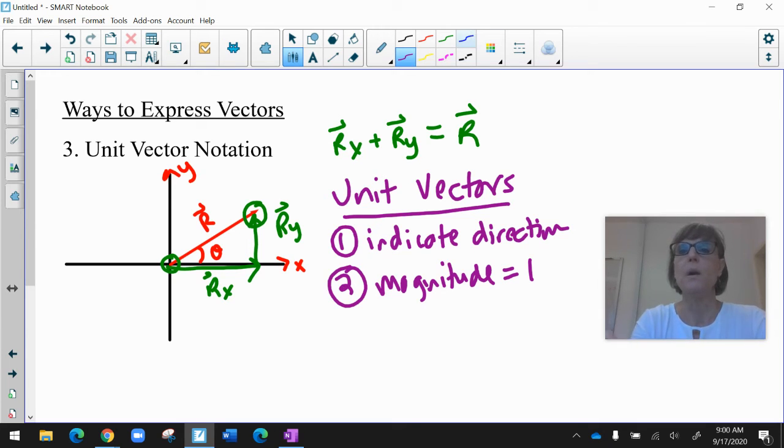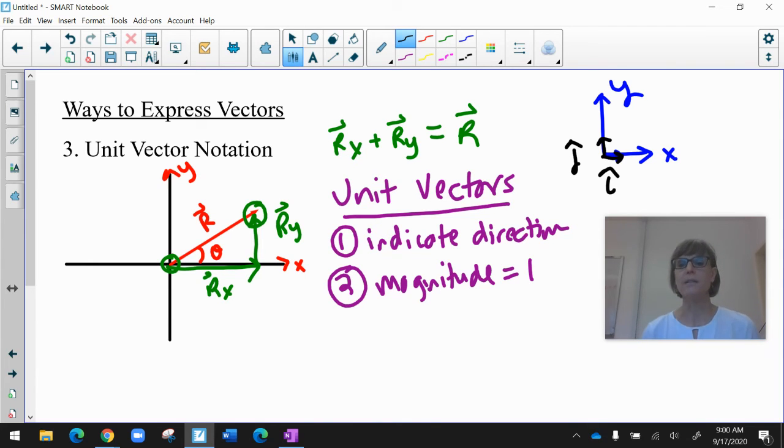So for the moment, we're only going to worry about what happens in the x and the y directions. We also have a unit vector for z, but we'll come back and talk about that later. So my unit vector is this tiny little vector here in each direction, and they have special symbols because we use them all the time. The unit vector in the x direction is a i, and the unit vector in the y direction is a j. The unit vector in the z direction is actually a k.